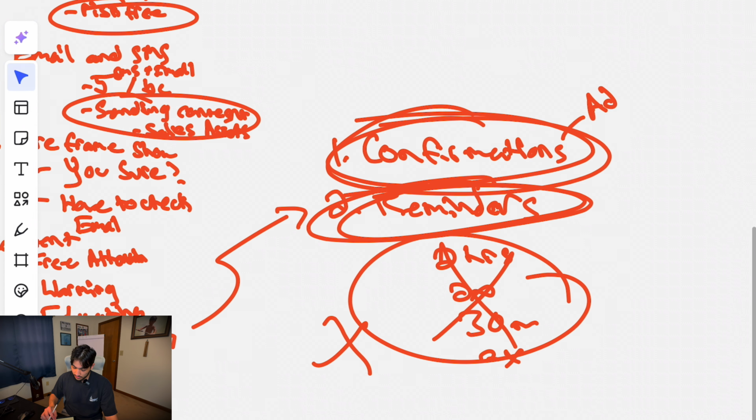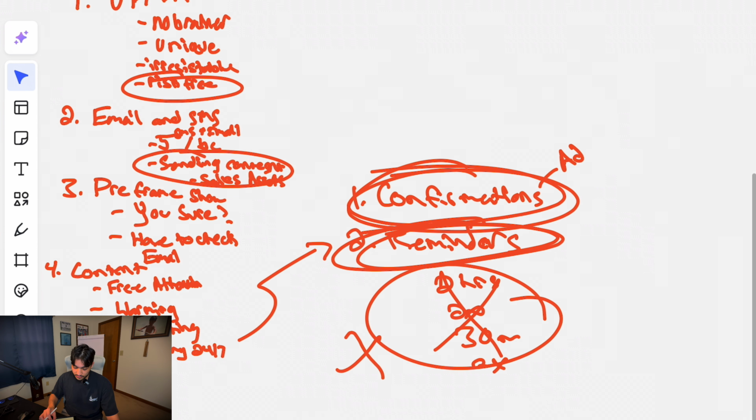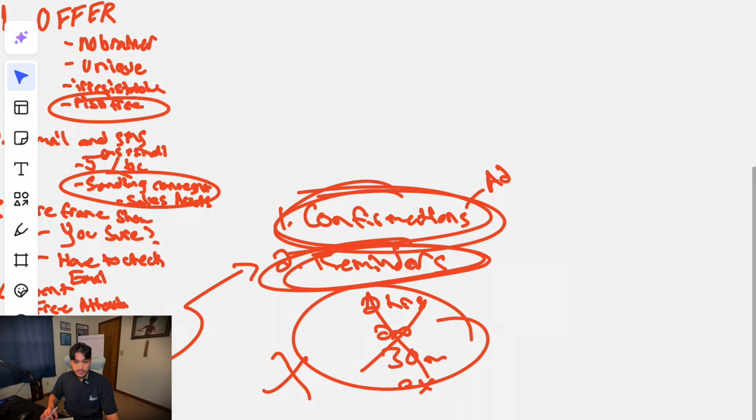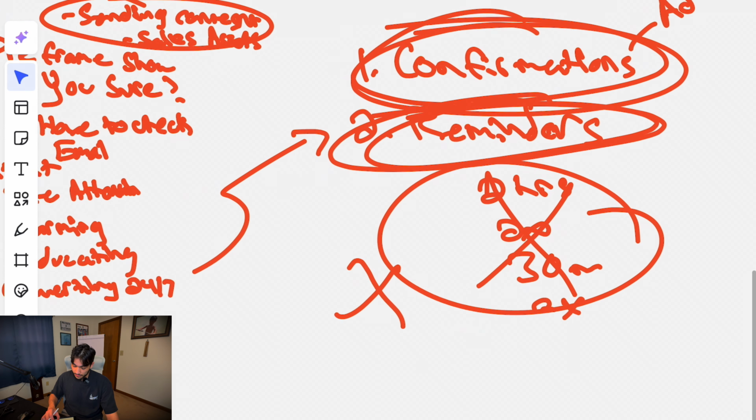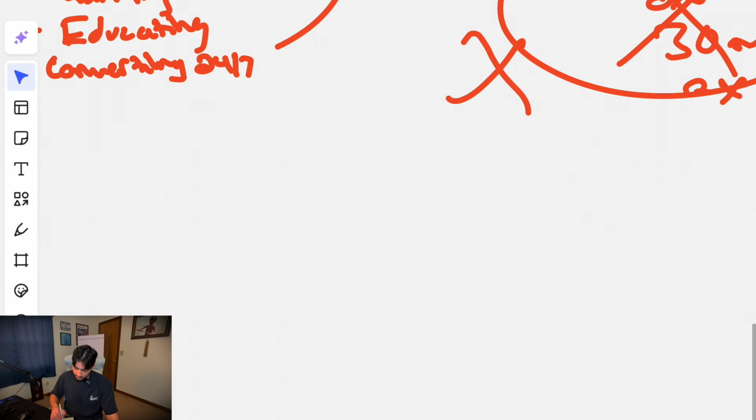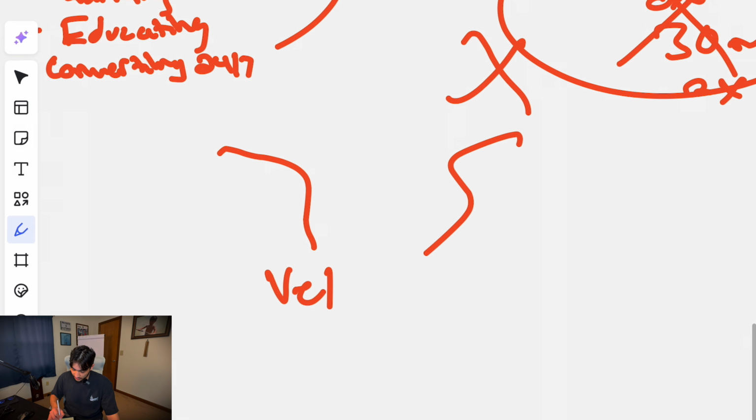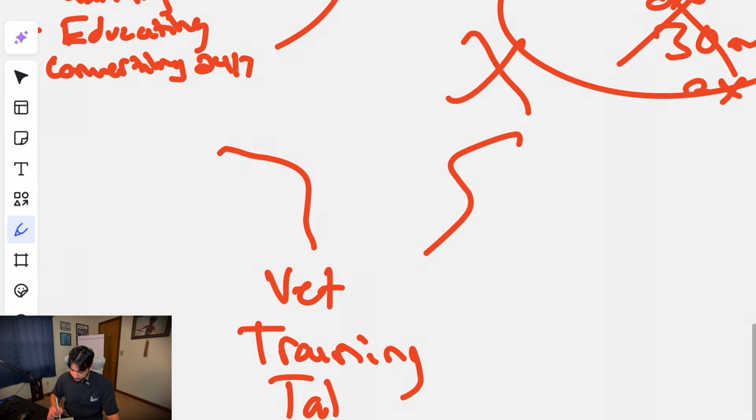This is something that people just completely forget, and it basically decreases their show up rate and leaves a lot of money on the table. Now, the way that people would automate this in the past is, as I said, just vetting, training talent, right?